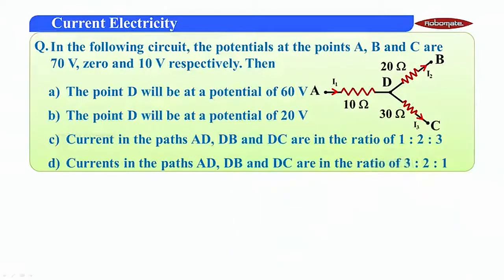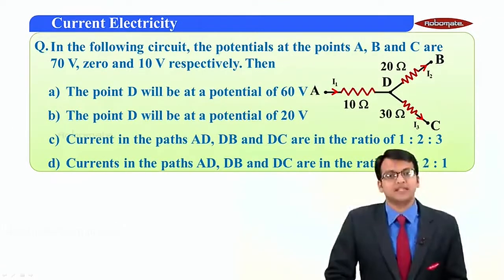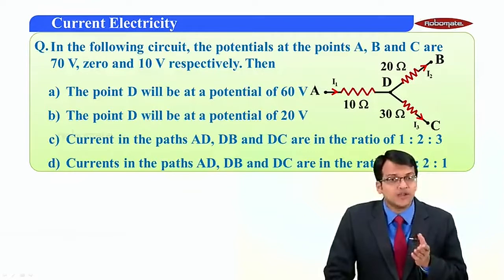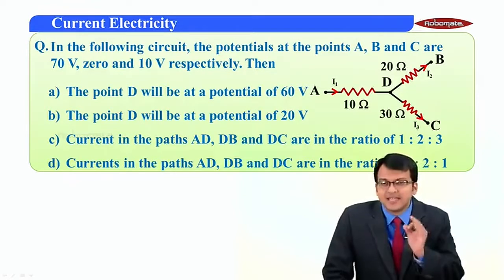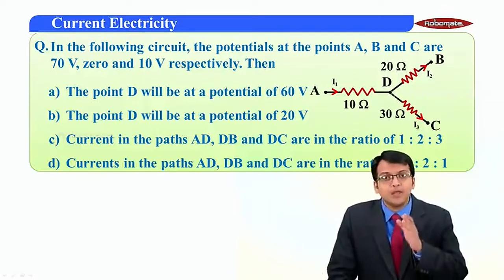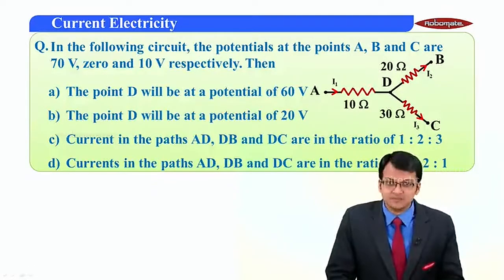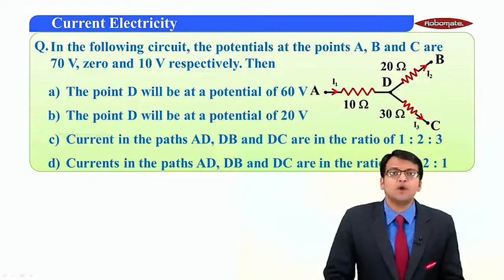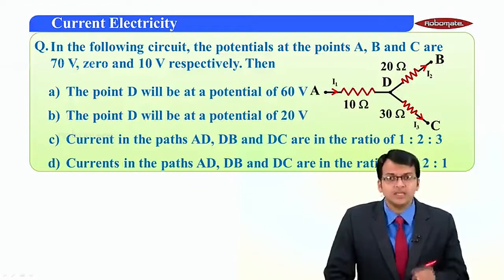In the following circuit, the potentials at points A, B and C are 70 volts, 0 volts and 10 volts respectively. What am I supposed to find? It is not given to us, but we can guess the hint from the options. Option A is, the point D will be at potential 60. Option B is, the point D will be at potential 20.